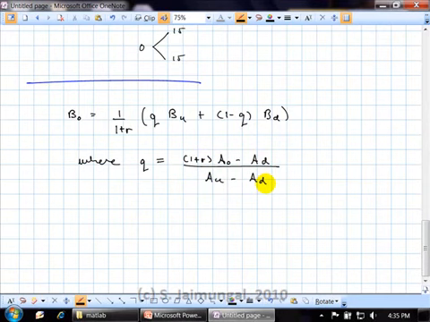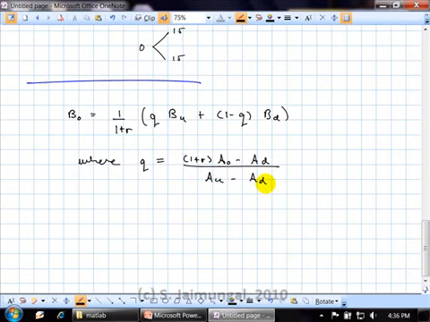And that has a very suggestive form. It looks as if the price of B is the expected value of its payoff, where the expectation, the probabilities, are given by this expression Q. So that would be true if Q was in fact a probability, right?